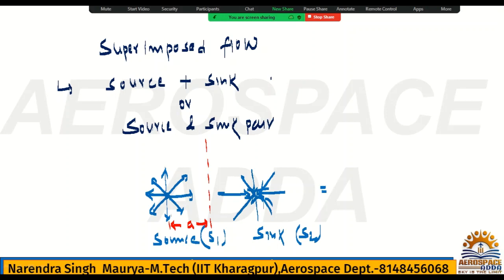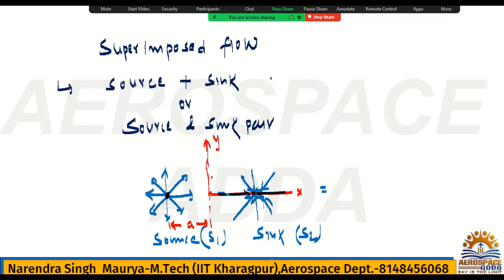So from the center of the source to this vertical line, I have drawn it basically from a measurement point of view. I am considering this as the x-axis, and this is the y-axis.